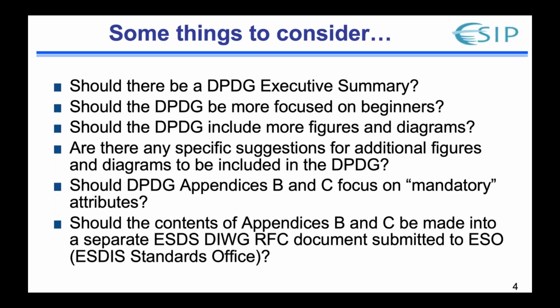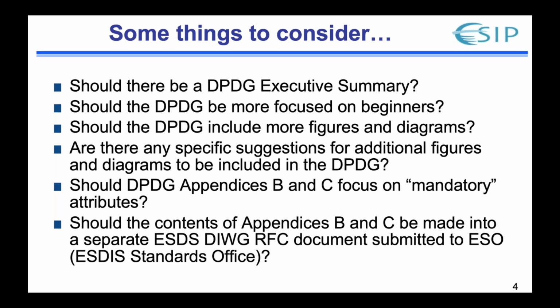So let me say Appendix B is file level attributes, and Appendix C is variable level attributes. Appendix B got a lot of attention at our last telecon, and there was a strong sentiment to focus on mandatory attributes, which vary from DAC to DAC. And so that's something to keep in mind.